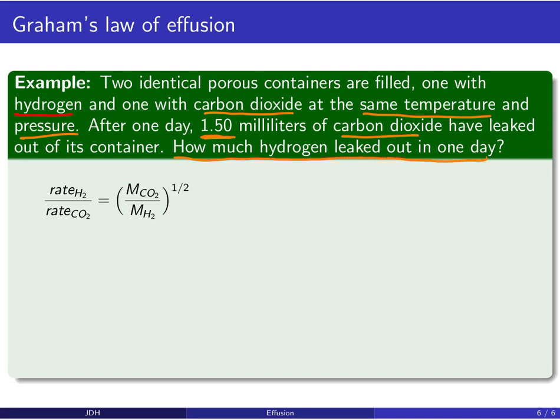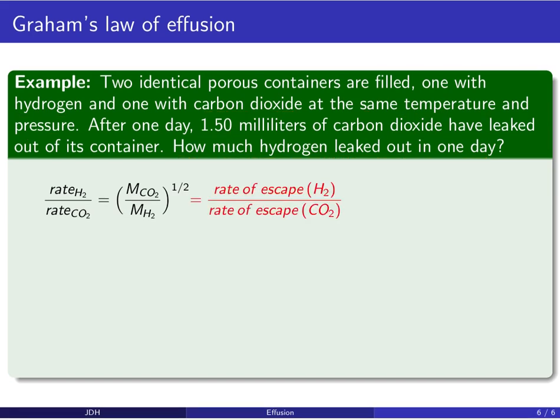Okay, so we're going to start off in this problem with Graham's law. We know that the ratio of the rates is equal to the inverse of the ratio of the masses with a square root power. But notice, we don't see anything about rates being directly mentioned in this problem.